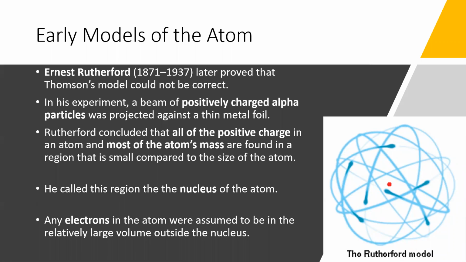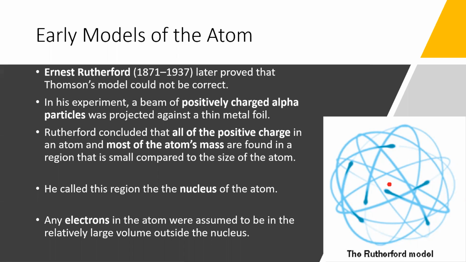It was Rutherford who later came along, and he proved that there's no way Thomson's model could be correct. Now, Rutherford did the gold foil experiment. In the gold foil experiment, he fired a beam of positively charged particles against the thin metal foil. Rutherford concluded that all of the positive charge is probably in the center, the middle region, right?